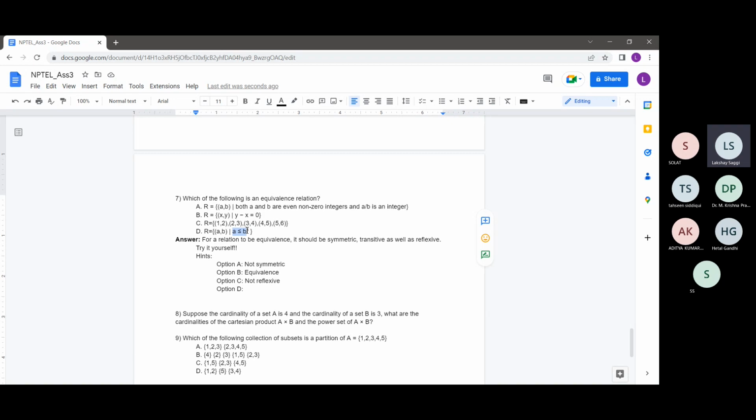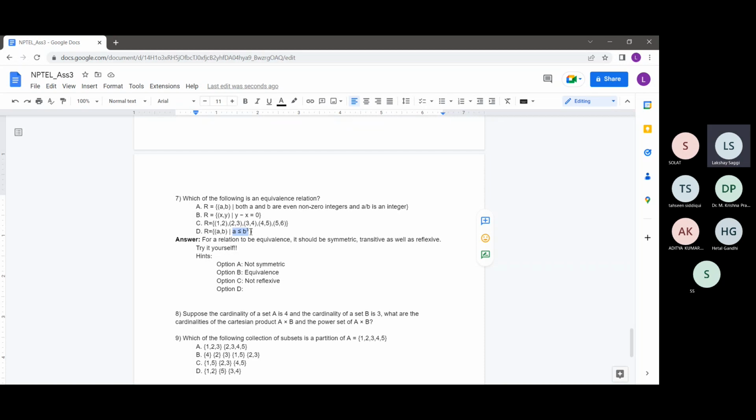This won't be a reflexive relation either, because 2 is less than or equal to 2 cubed does not hold true.